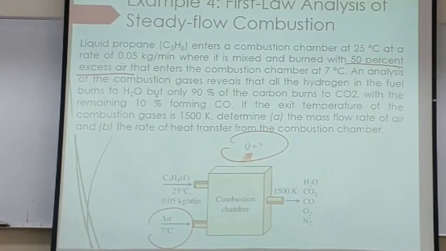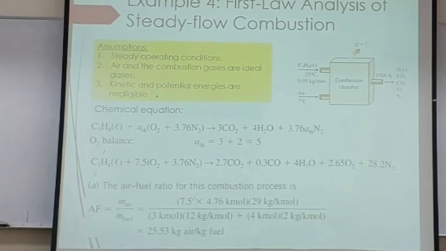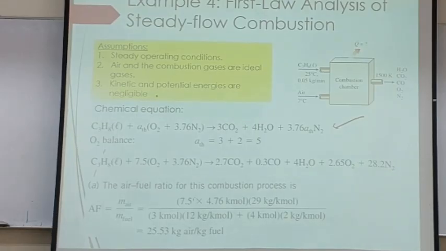What we do is we try to find the theoretical air, or the stoichiometric air, first. So how do we do that? You assume complete combustion first. In this case, we assume complete combustion with no excess air, stoichiometric combustion.